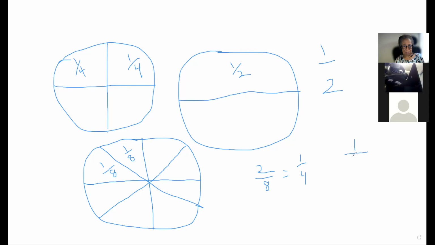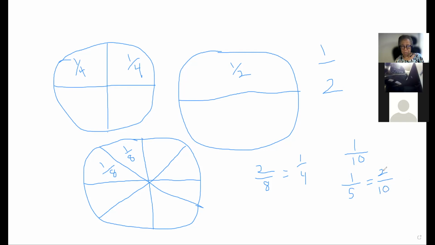If you cut the pizza into 10 slices, each slice is 1/10, right? So what are you saying 1/10 is equal to? 1/5 is equal to 2/10, right?